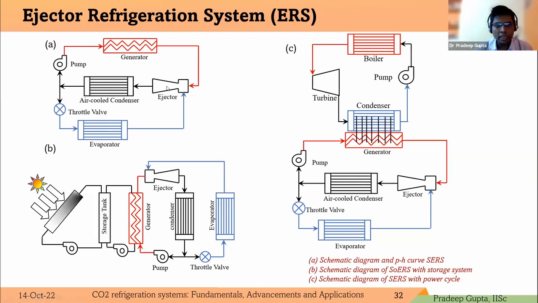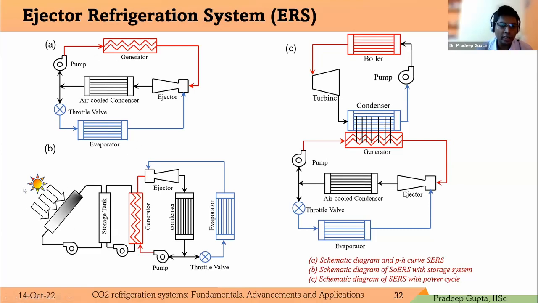They exchange energy and momentum inside the ejector, and then reject heat to the condenser, and then split into two parts, one sent to the pump and one sent to the evaporator through a throttle valve, and the cycle completes. So in this system, the main question is where we can get the heat to produce high pressure vapor from the high pressure liquid.